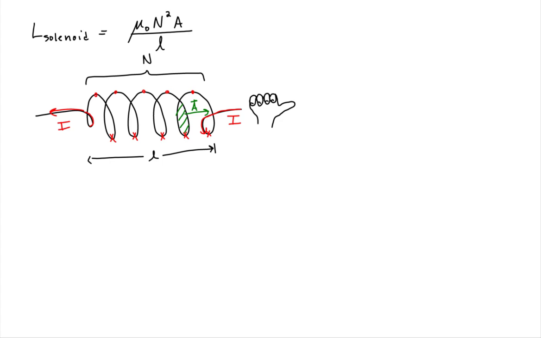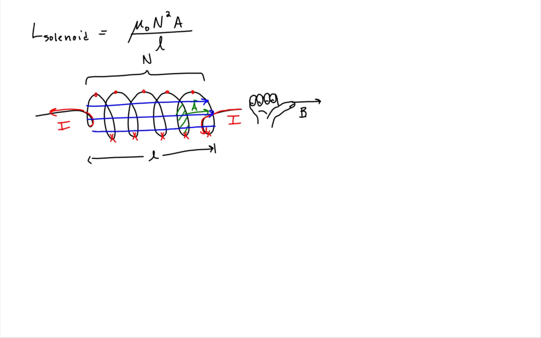So as you can see here, as we take the fingers of our right hand and curl it in the direction of current, our fingers are coming towards us at the top, and they would go away from us at the bottom. And the direction of the thumb is the direction of the magnetic field along the central axis of the solenoid. So let's indicate that the magnetic field is going to the right.